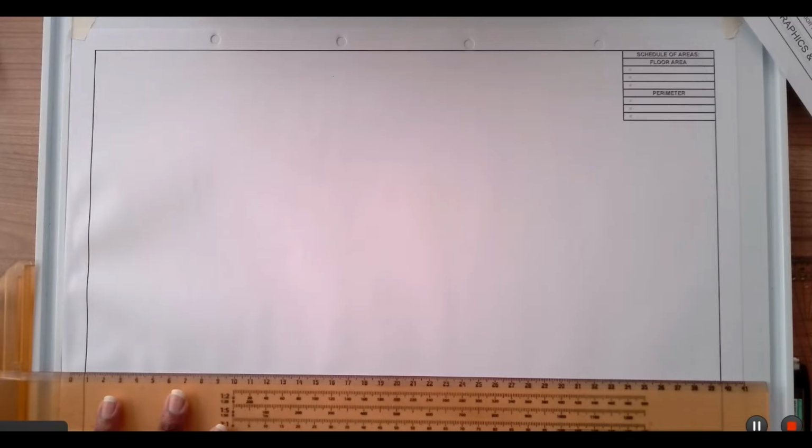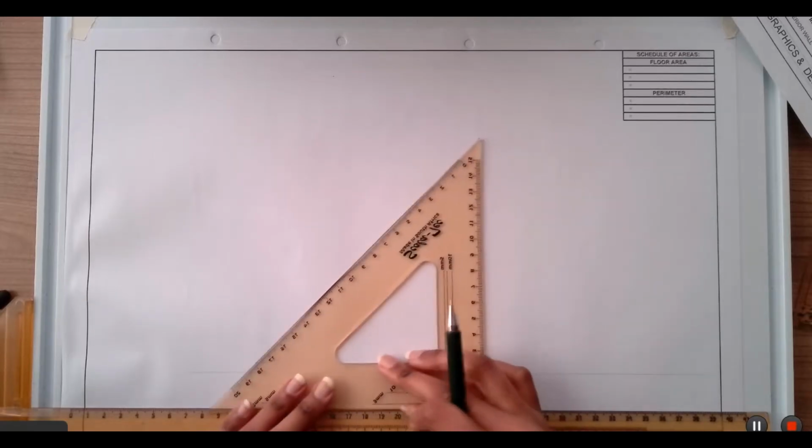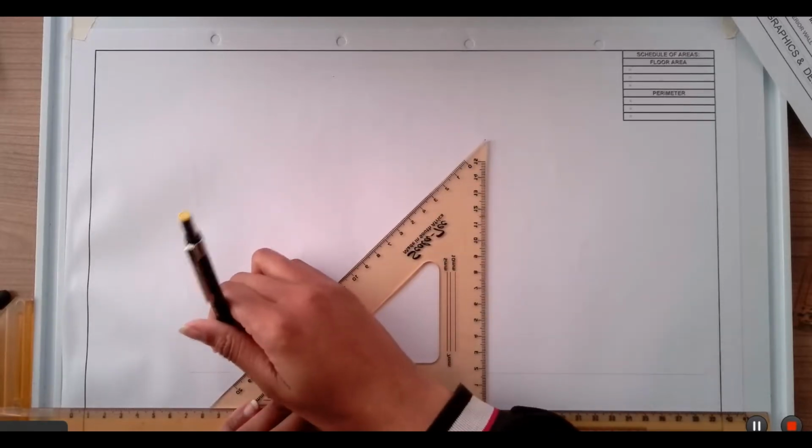So the key to civil drawing is to start off with constructions. So I'm going to draw my construction line there.